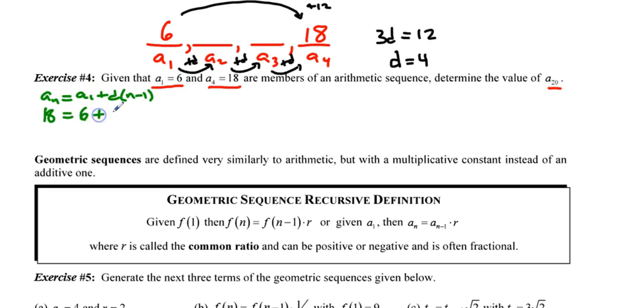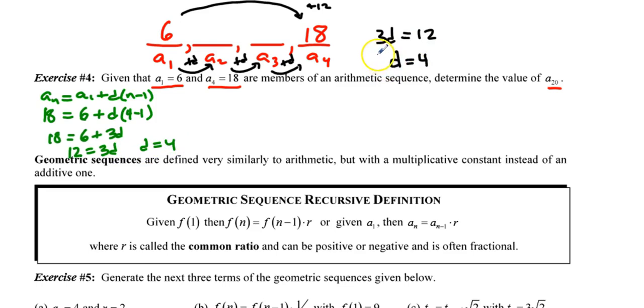The d is unknown, that difference is unknown, but I do know that if I'm on the fourth term, n would be 4, so it's going to be 4 minus 1. At this point, we can work this out. So that's 3 times d. And when we subtract 6 from both sides, we've got 12 equals 3d, and then we're back to where we found d is 4.